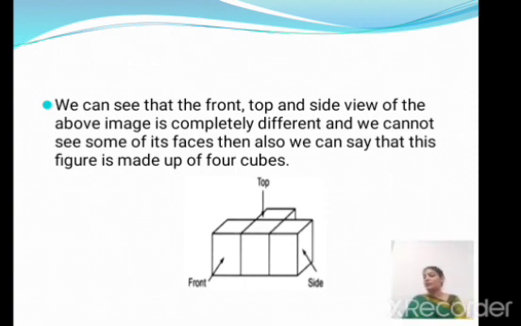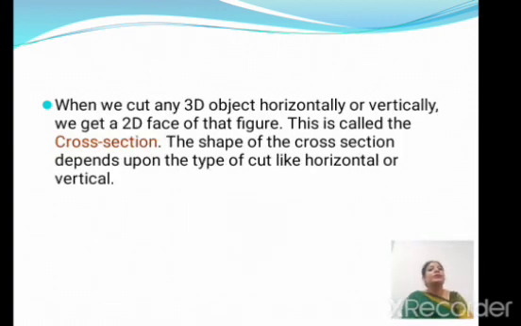For example, this is a rectangle and this is also a rectangle, but this rectangle is different from this rectangle because the top view is different and the side view is different in this figure.